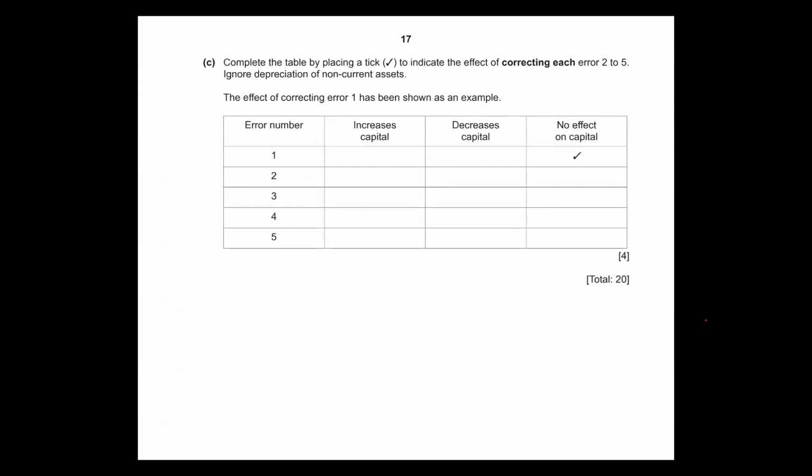Ignore the depreciation of non-current assets. The effect of correcting error number 1 has been shown as an example. So let's go back to the errors and see what happens.